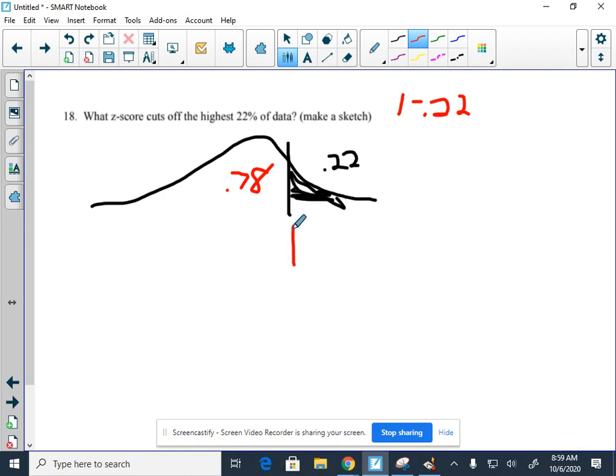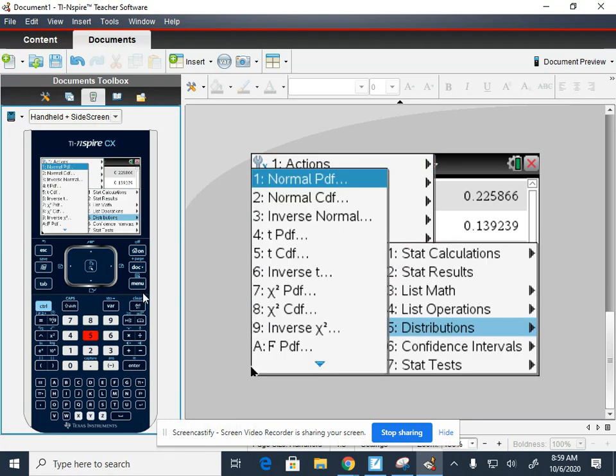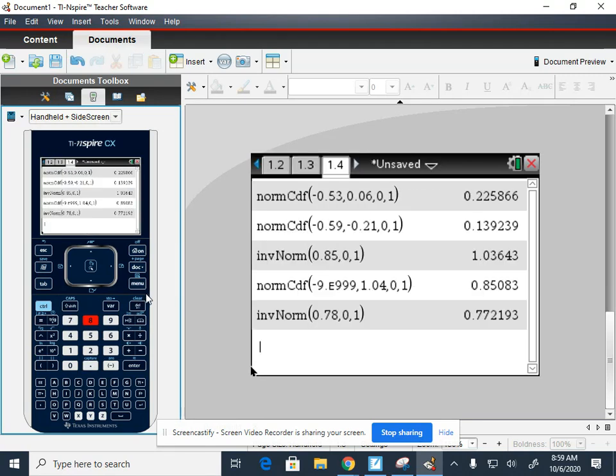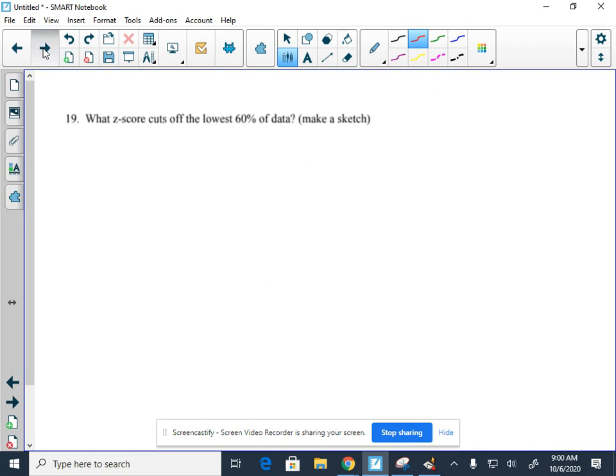So we go menu 653, 0.78, and we get a 0.77 Z-score, which is kind of weird. But you have to recognize what's a percent and what's a Z-score. That just means we're somewhere between 0 and 1 as far as our Z-score, okay?